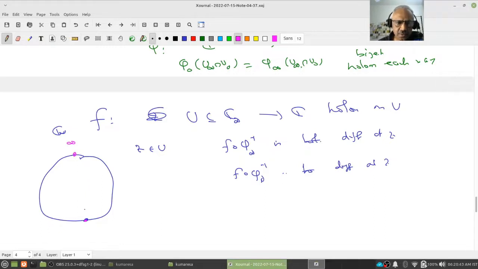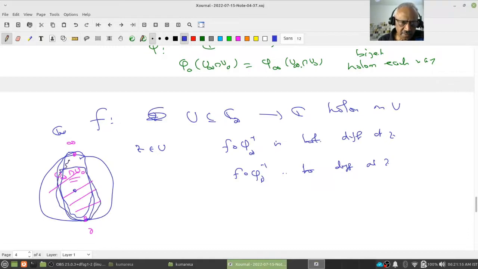So this is my 0, and this is my U infinity intersection U0. Suppose I start with any open set, then I can take the point to be here, that includes infinity but omits 0, or omits infinity and includes 0.